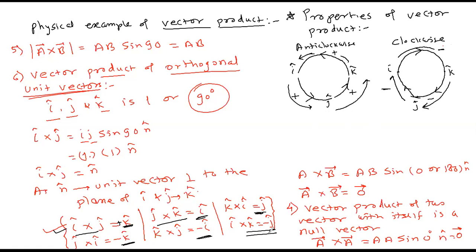So in a simple way to remember the vector product of the orthogonal unit vectors, remember this circle.